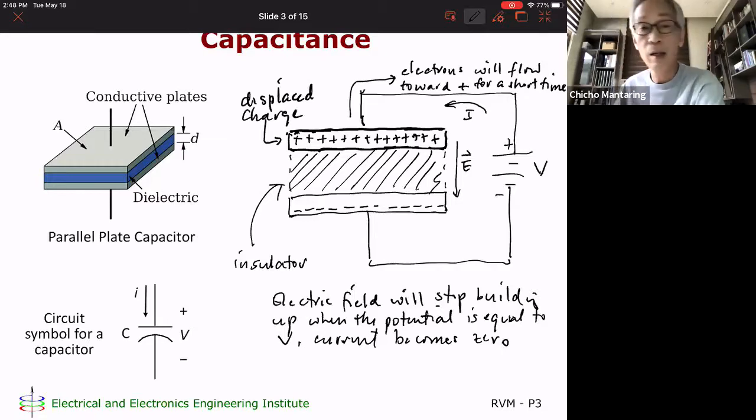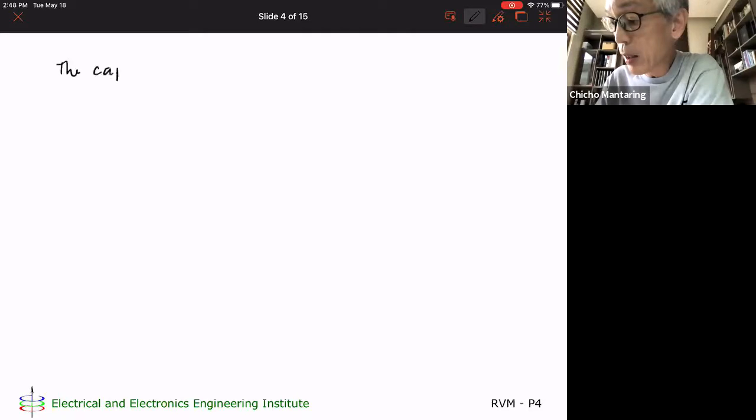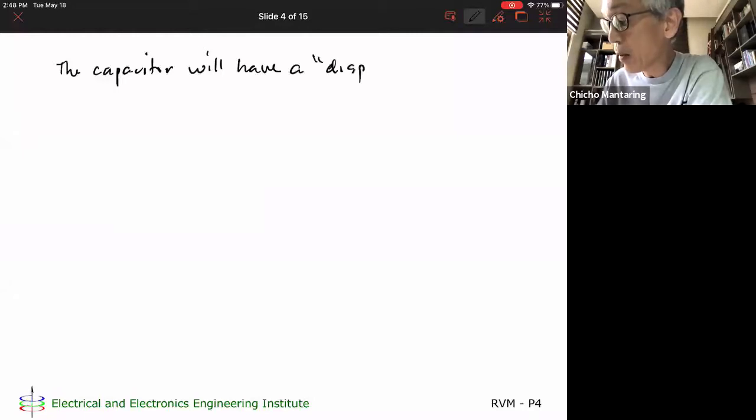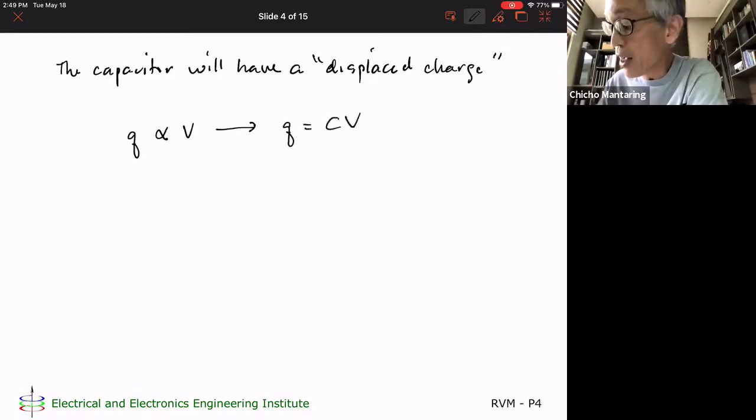So the capacitor will have a displaced charge, Q. And that Q will be proportional to V. And the constant of proportionality is equal to C. So Q is equal to CV, where C is what we now call your capacitance.